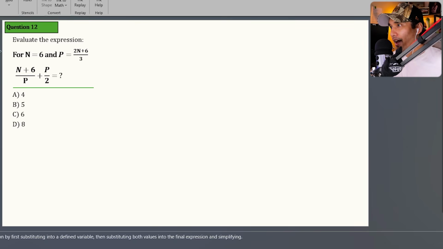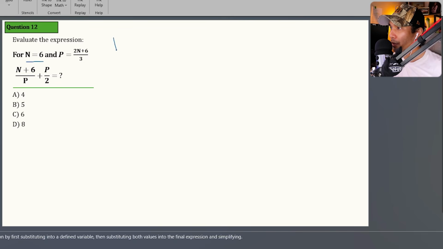So evaluate the expression for n equaling 6 and p equaling 2n plus 6 over 3. So what would I do first here? What I would do first is I would put this 6, n equaling 6, I would substitute it with the n over here in the equation p to find out exactly what p is.